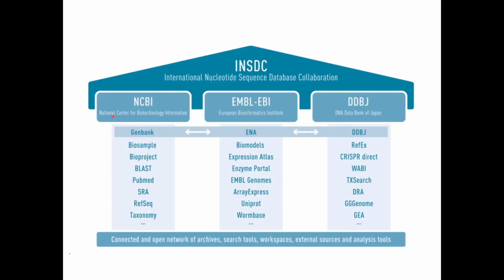The NCBI includes GenBank, BioSample, BioProject, BLAST, PubMed, etc. Under the European Bioinformatics Institute, EBI, we have the ENA, BioModels, Expression Atlas, and UniProt, etc. Then under DDBJ, the DNA Data Bank of Japan, we have RefEx, CRISPRDirect, and so on.